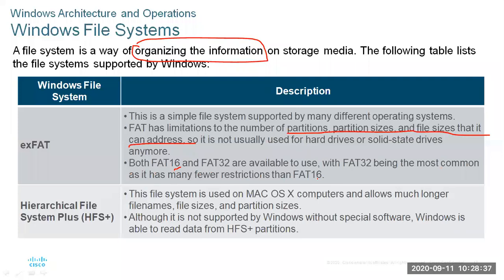Then we have the Hierarchical File System Plus, HFS Plus. It's the file system that is used on Mac OS computers, and allows much longer file names, file sizes, and partition sizes. Although it is not supported by Windows without special software, Windows is able to read data from HFS Plus partitions.